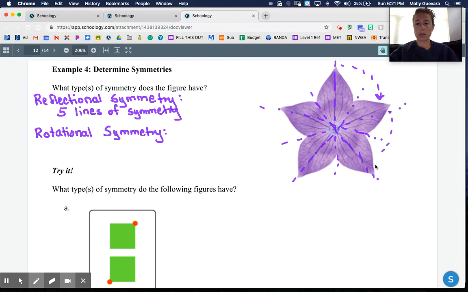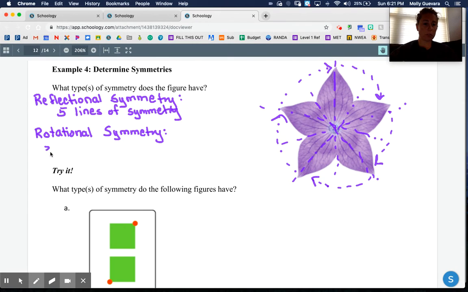Right here, there's 2. Here's 3. Here's 4. Here's 5. So if I rotate it 5 times, I will get back to the start. So that tells me that I can do 360 divided by 5, which gets me 72 degrees.